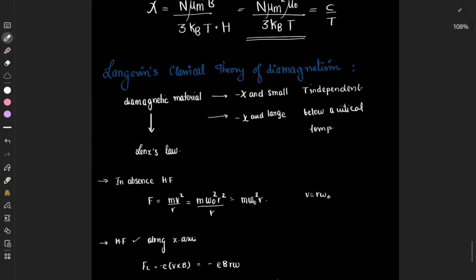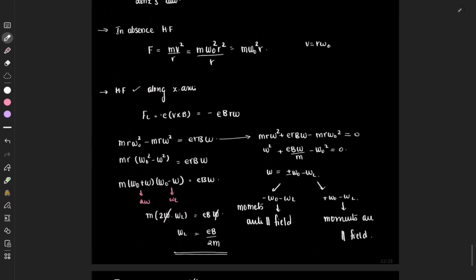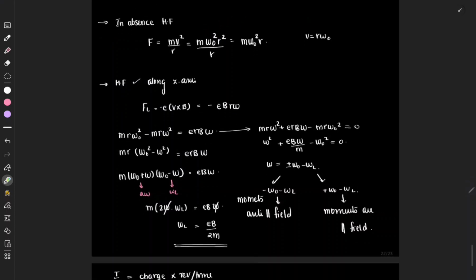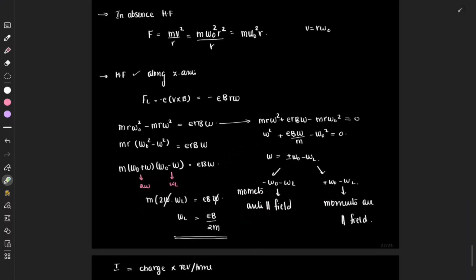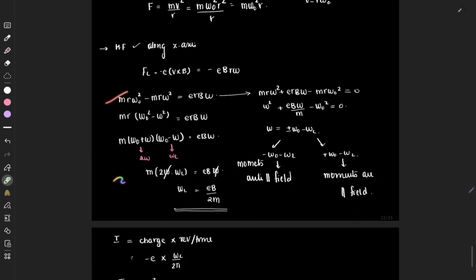It's very simple. You started with the case where there is no magnetic field, so there is only centripetal acceleration for an electron orbiting the nucleus, and then when you apply an external magnetic field, you have a Lorentz force. You just have to equate these two cases, without and with the magnetic field, with a new angular frequency, and solve.